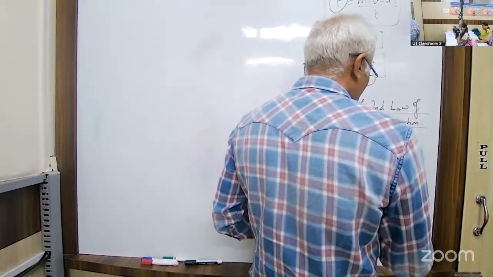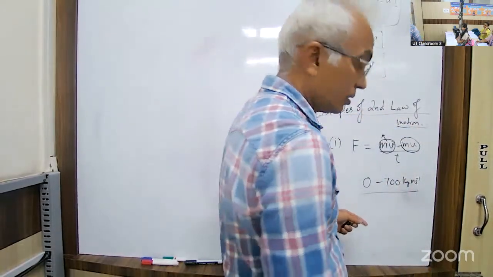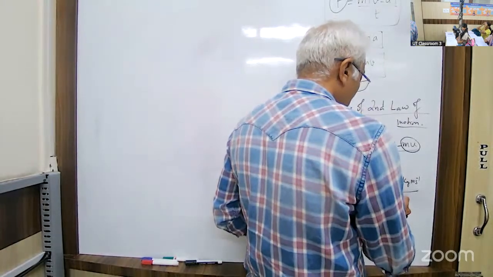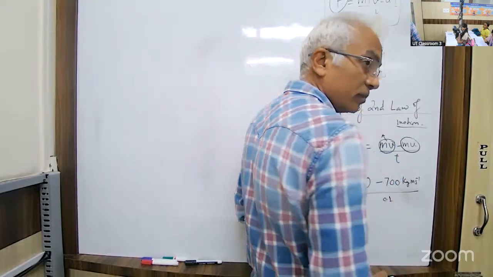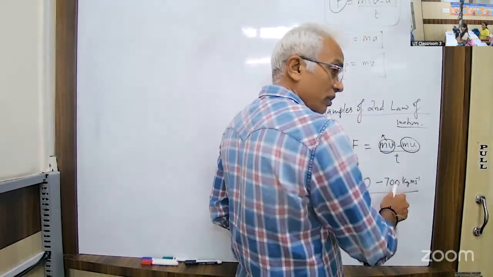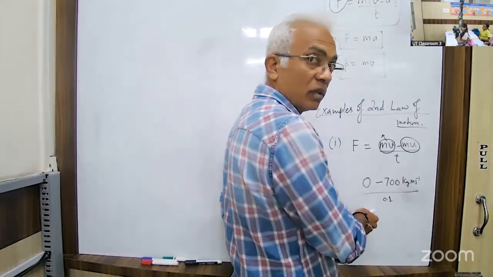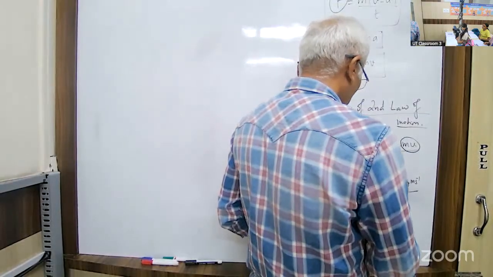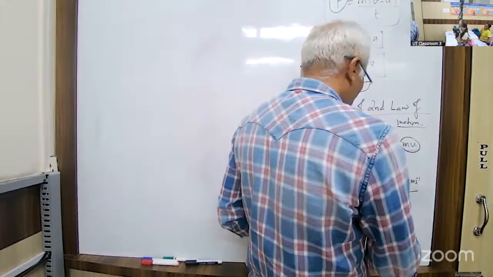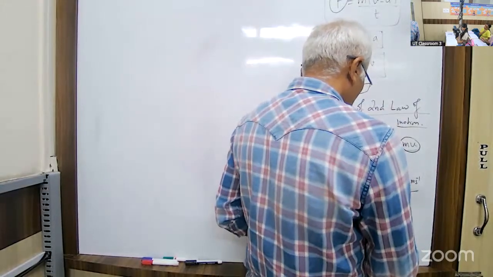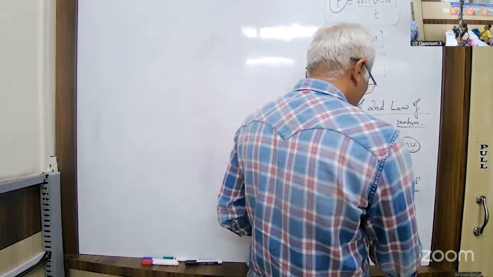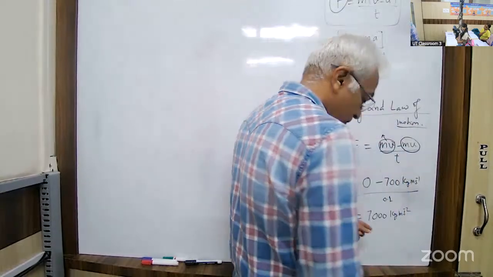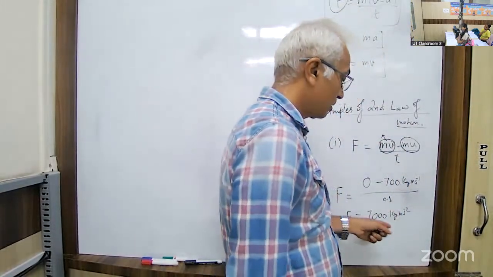Then it becomes zero suddenly. Let us say I took 0.1 of a second to stop. So from 700, my momentum is becoming zero in 0.1 second. So what is the force? This is 7,000 kg meter per second square. Force that my heel gets is 7,000 Newton.